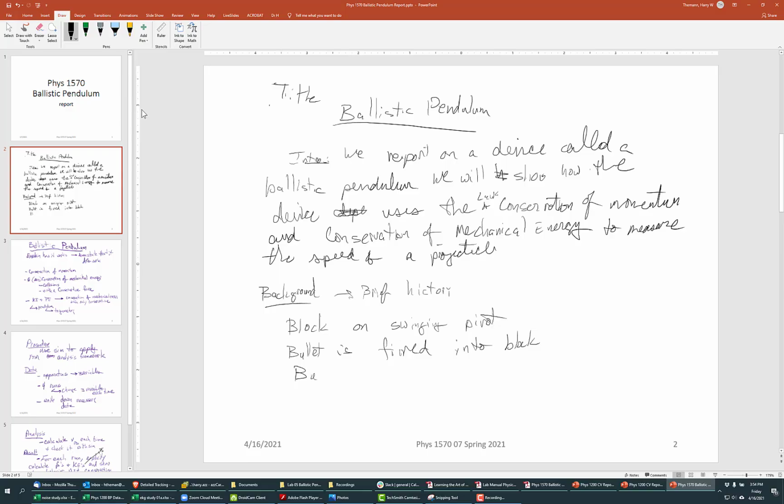And the bullet sticks, and the block swings. And the bullet speed is determined using the mass of the bullet and the angle of max swing.